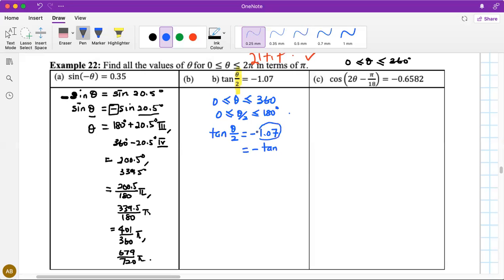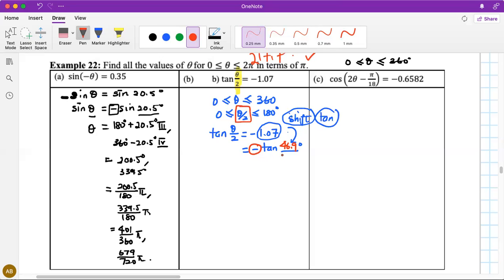We want to turn this into an angle. On the calculator, we use shift tangent 1.07, and you get 46.9 degrees. But it is negative, which means theta over 2 is negative.